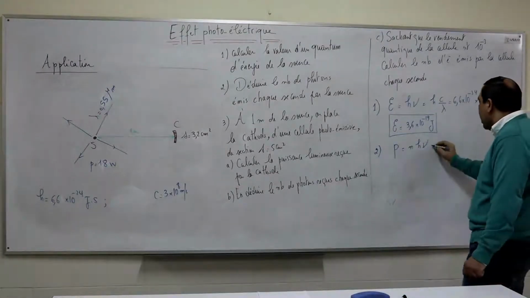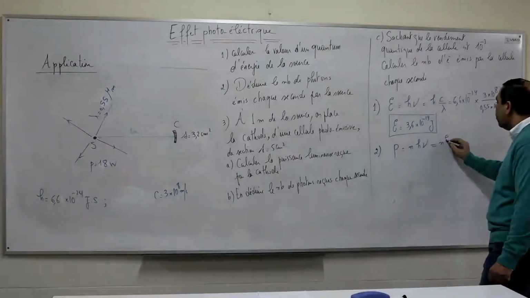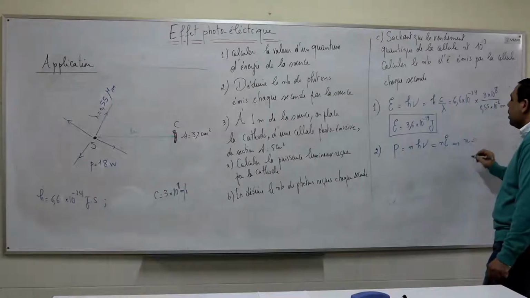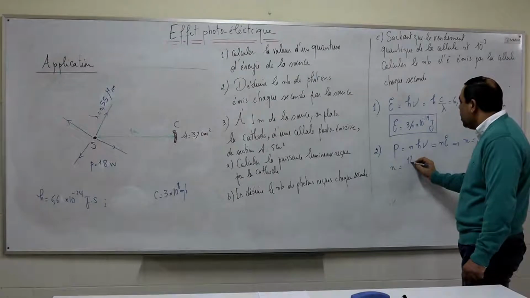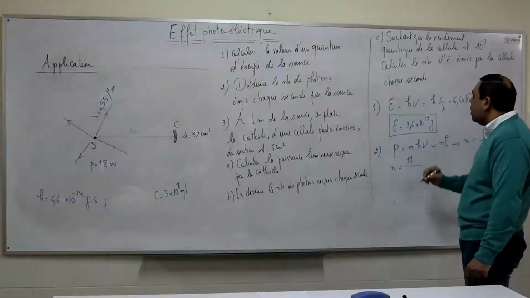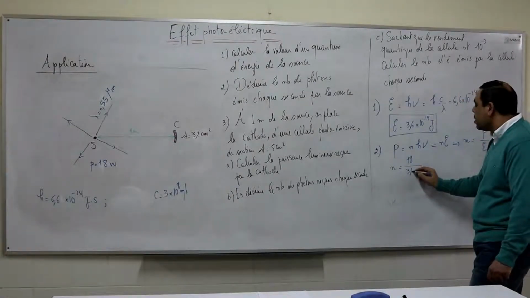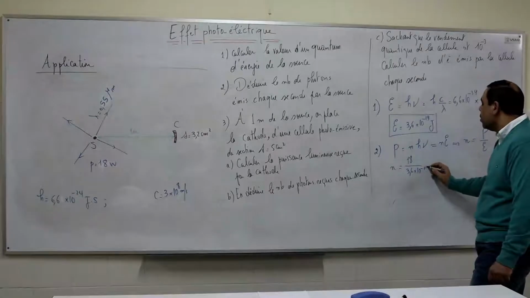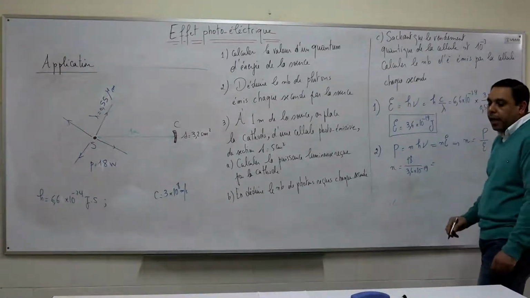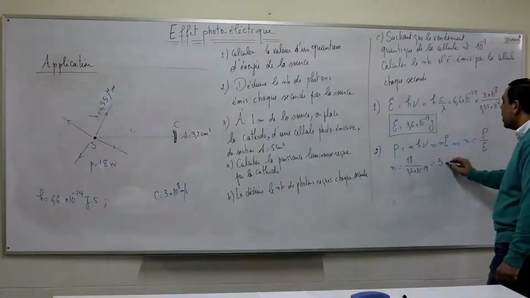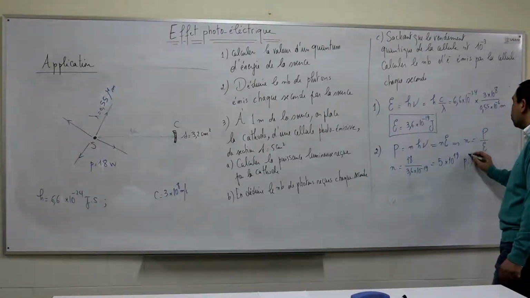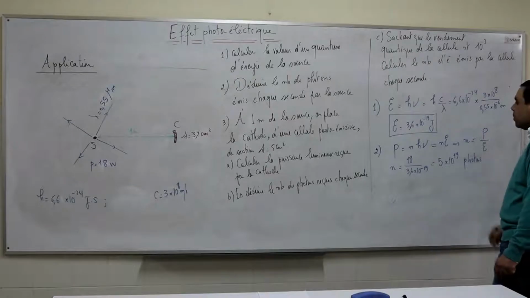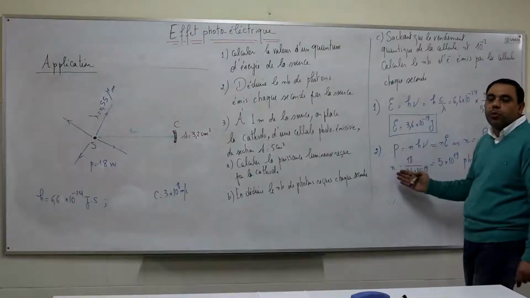Then this is equal to n times E. So n equals P over E, n equals 18 over 3.6 times 10 exponent minus 19, and the answer is 5 times 10 exponent 19 photons. This is the number of photons emitted by the source each second.